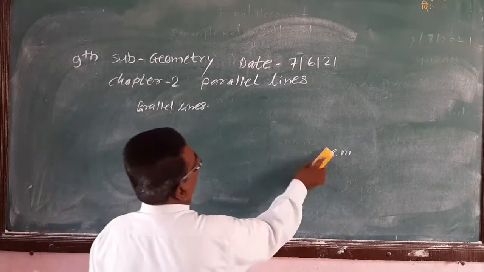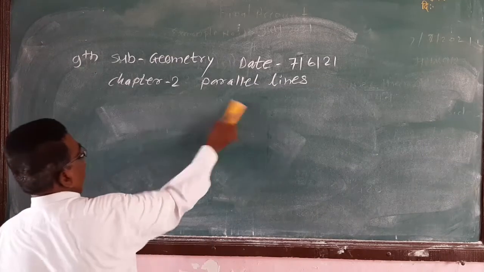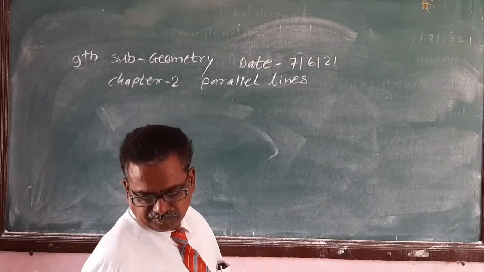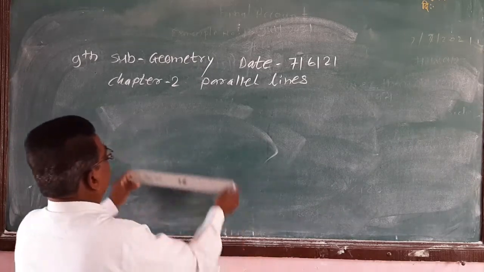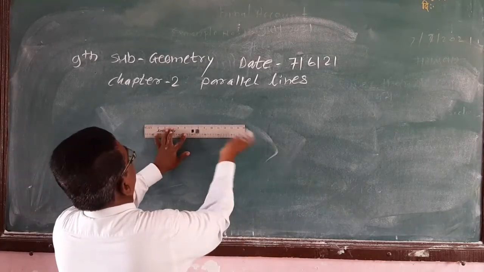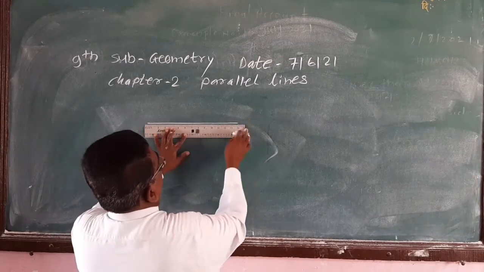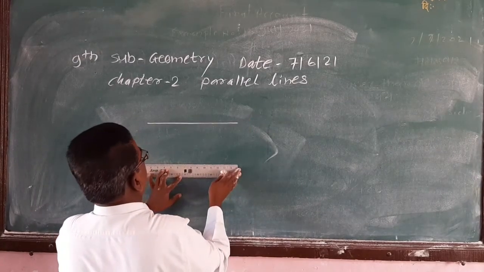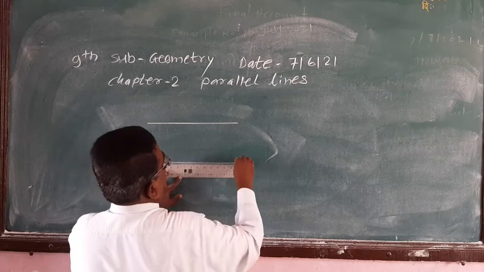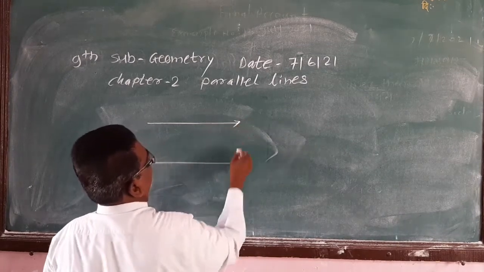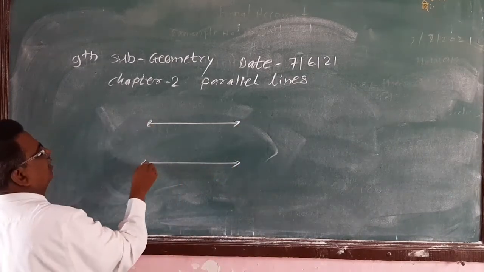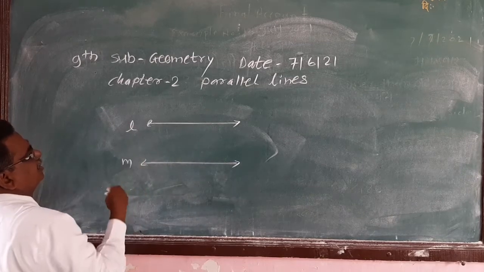Now here two lines do not intersect each other, means they are parallel to each other.